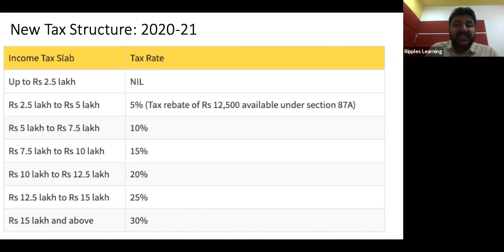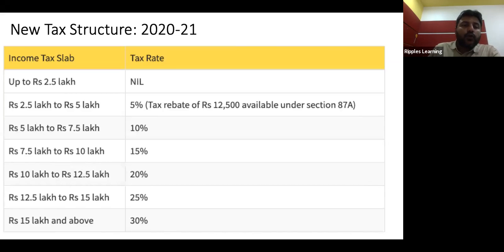The rate of taxation is less, and there are a lot of breakups in between where we have more options in terms of the number of slabs with reduced rates. If we look at the old tax, it was 0 to 2.5, 2.5 to 5, 5 to 10, and 10 and above, with rates of nil, 5%, 20%, and 30% applied in the old tax slab.